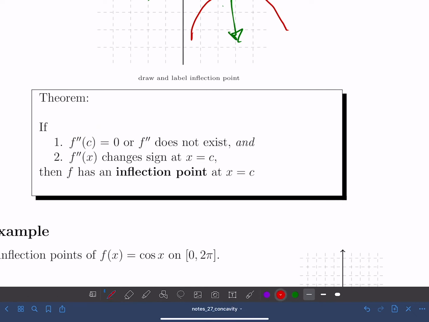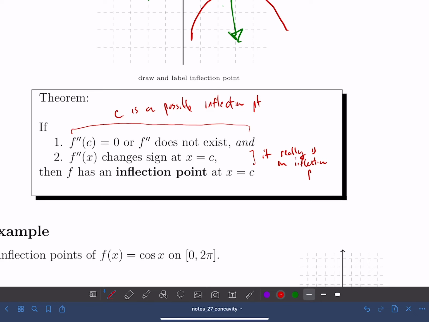Let me go ahead and make that permanent here. Number 1 right here says that c is a possible inflection point. And then 2 is the thing that says, no, it really is an inflection point. Okay.